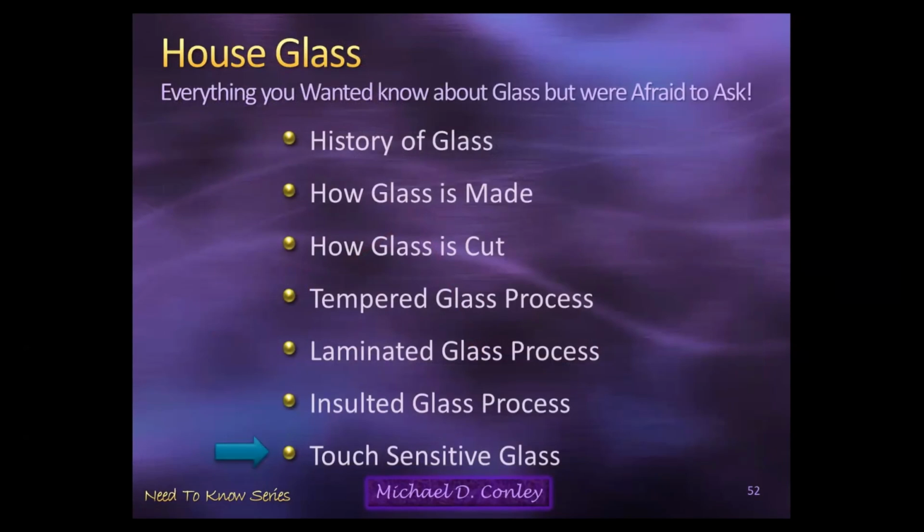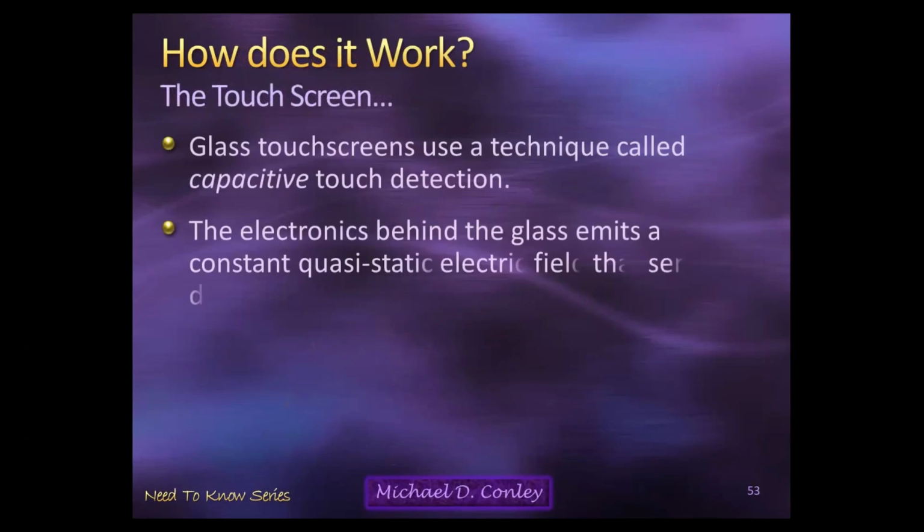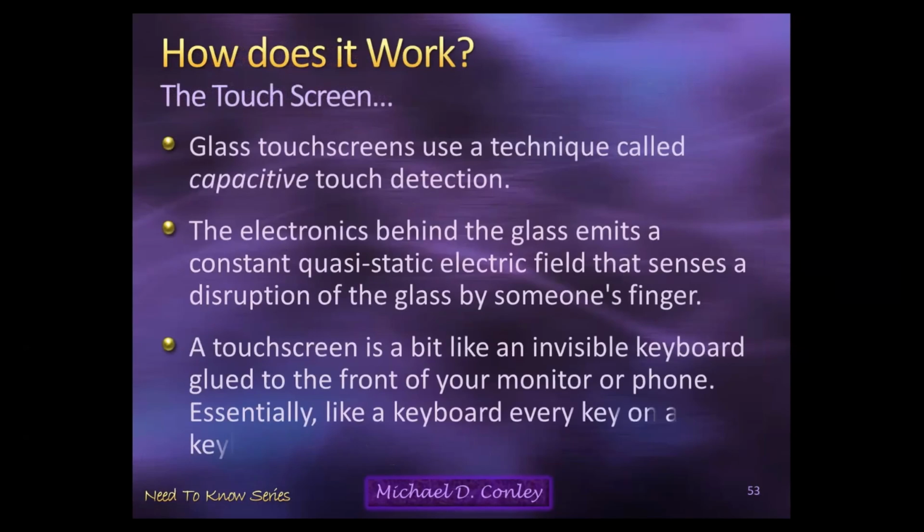Touch-sensitive glass. Glass touchscreens use a technique called capacitive touch detection. The electronics behind the glass emits a constant quasi-static electric field that senses a disruption of the glass by someone's finger. A touchscreen is a bit like an invisible keyboard glued to the front of your monitor or phone. Essentially like a keyboard, every key on a keyboard has an electric switch.